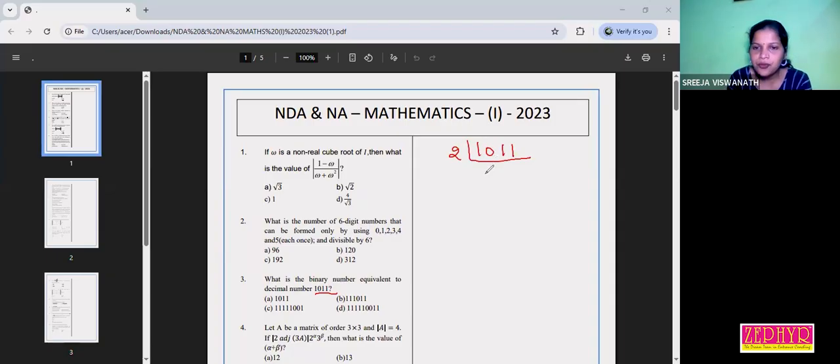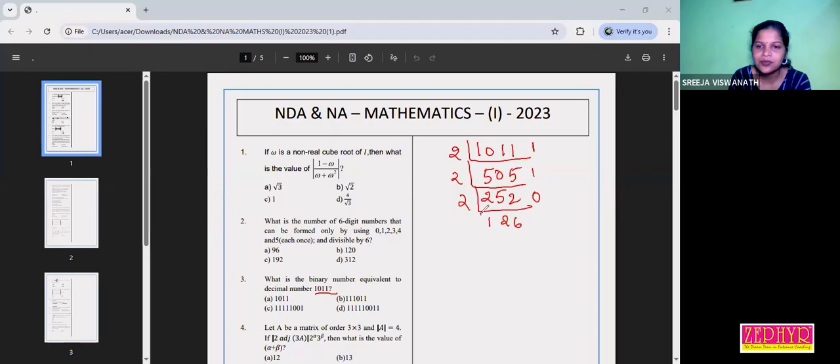So, 505. Remainder 1. We should carry down the remainder on this position. And again by 2. Sorry, not 252. Right? 252. Remainder 1. Again by 2. 126.